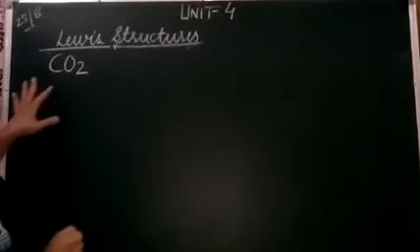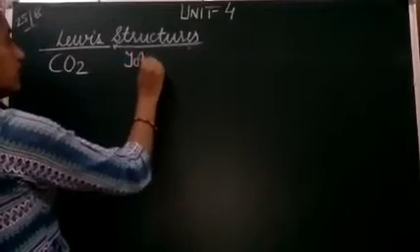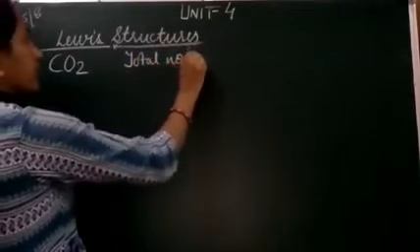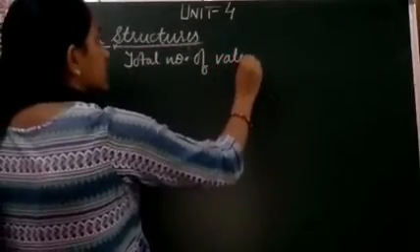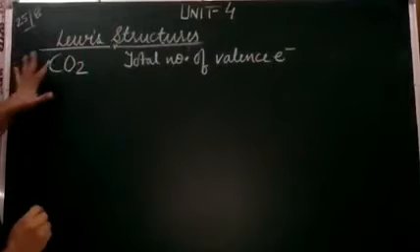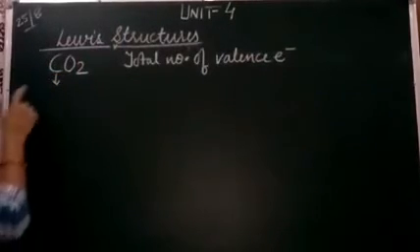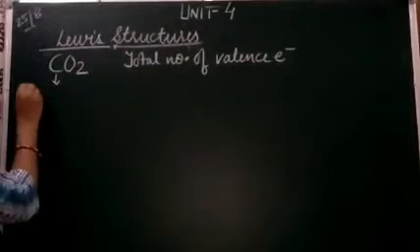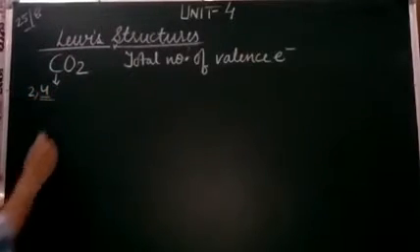So students, here the first step is we will write down the total number of valence electrons in this molecule. You know that carbon has atomic number 6, so it will have 4 valence electrons.